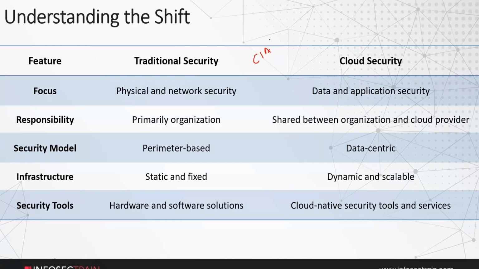Now, when you go to an on-premises data center, we are the ones who are completely responsible, or completely having access and liable for all the end-to-end security activities, deployments, management, monitoring, and everything. The primary focus in traditional security mechanisms is managing our physical infrastructure, then network security, then data on top of it.